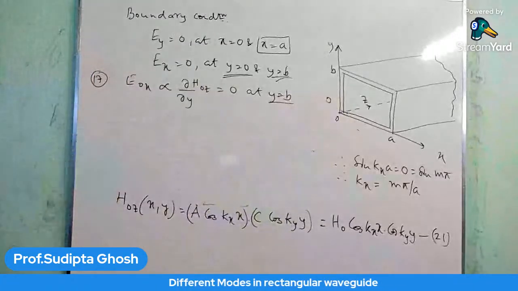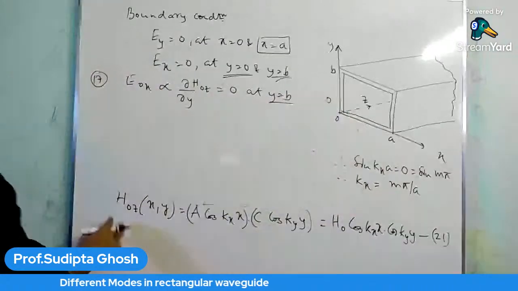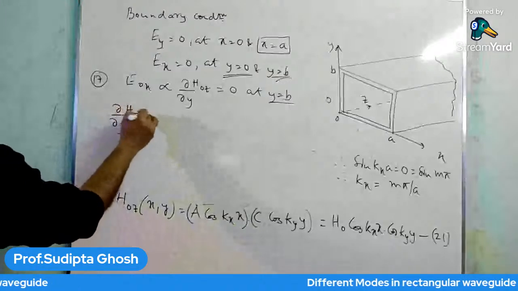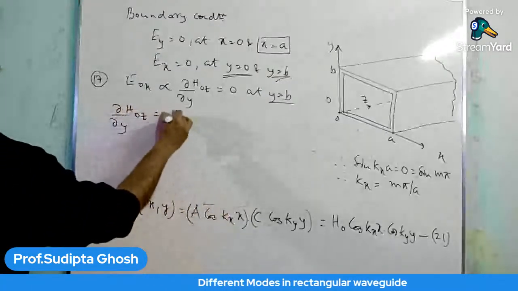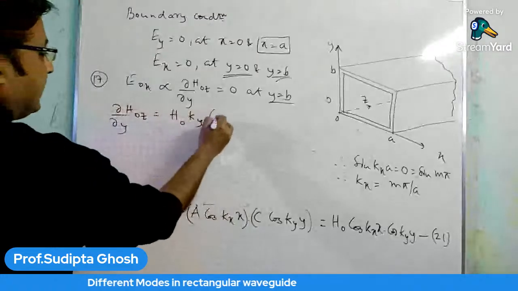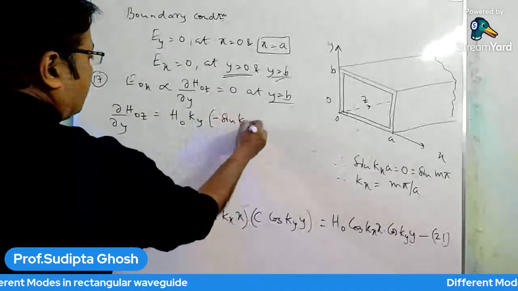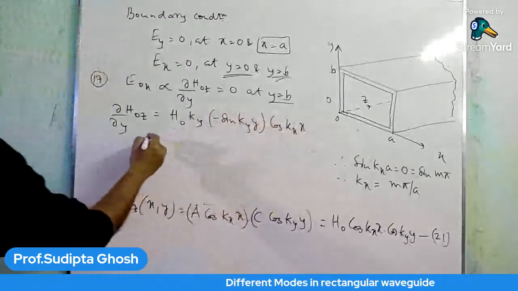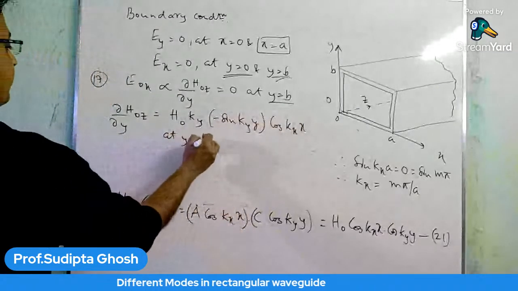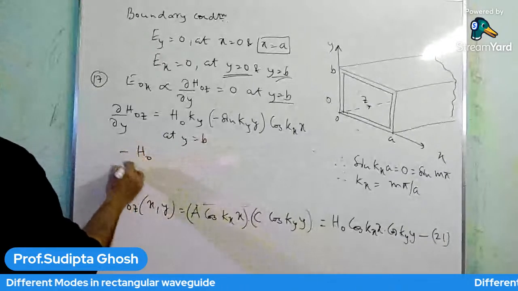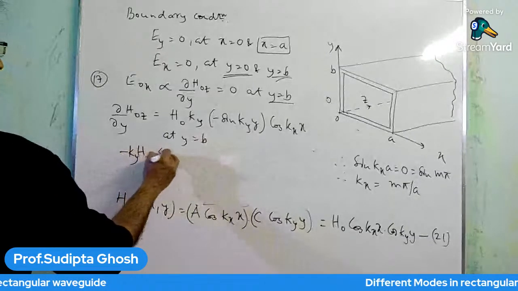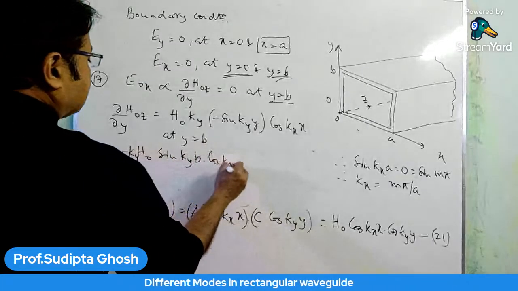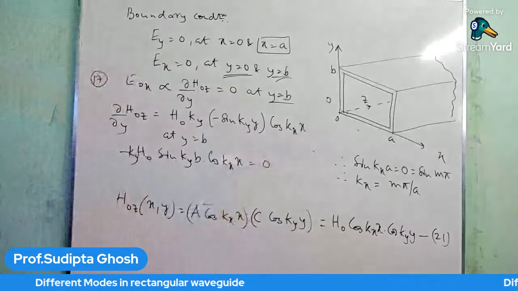So putting this value, we now have to find the value of del y of HOZ, and we have H0 ky, then minus sin ky y into cos kx x. Putting y equals b, we have minus H0 ky sin ky b into cos kx x equals 0.